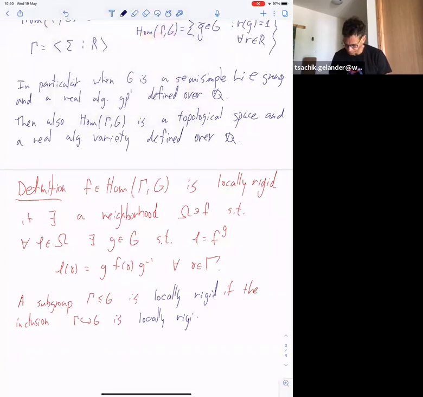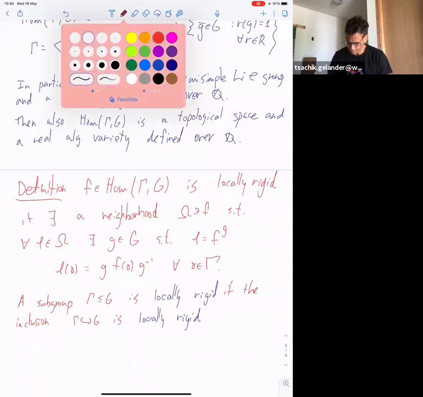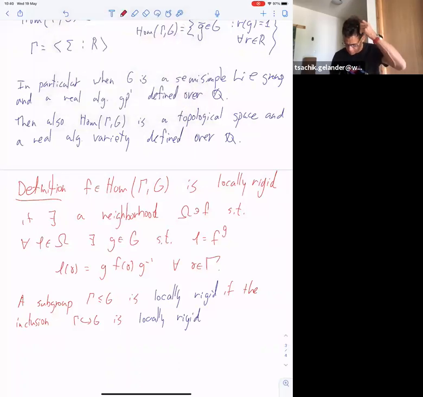So maybe I want to require a bit more. If there is g in G, let's say close to 1, close to the identity.